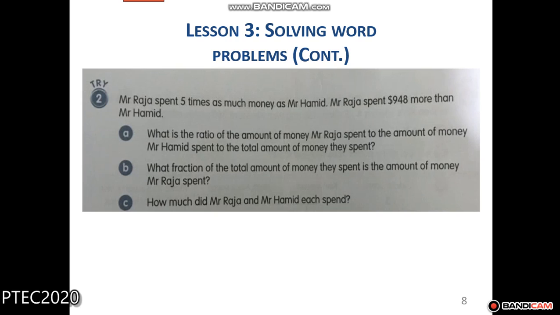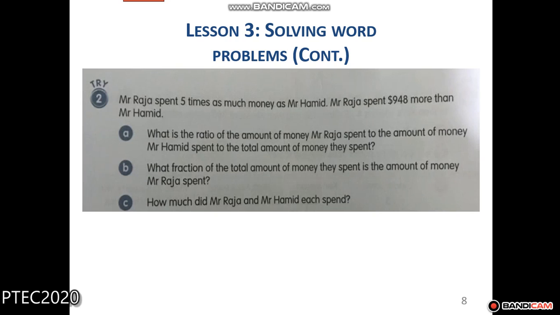The second one: what fraction of the total amount of money they spent is the amount of money Mr. Raja spent? And the last one: how much did Mr. Raja and Mr. Hamid each spend? Each spend means there are two questions here: how much did Mr. Raja spend, and how much did Mr. Hamid spend?